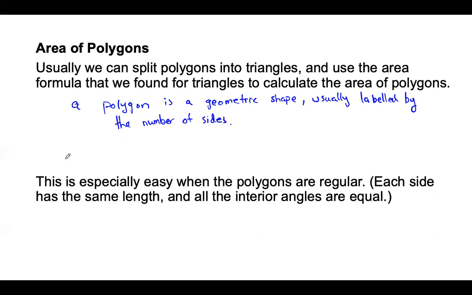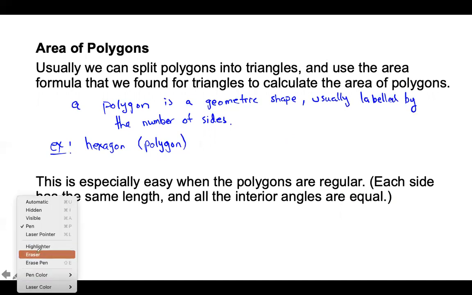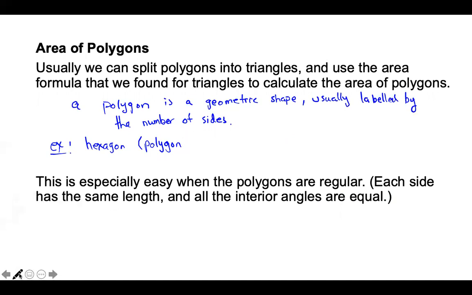So for example, let's write an example here, like a hexagon. It's just a polygon with 6 sides. It depends basically on the number of sides you have.